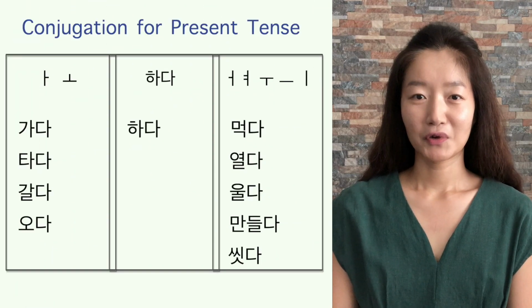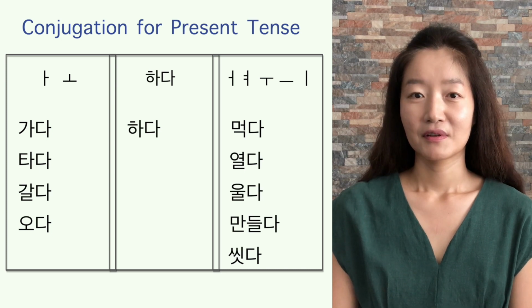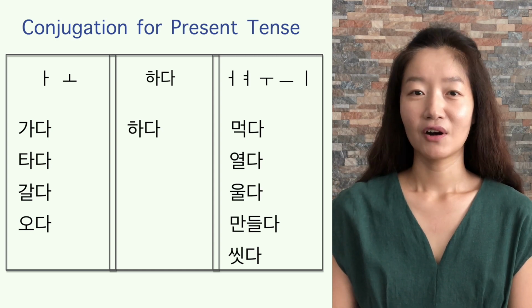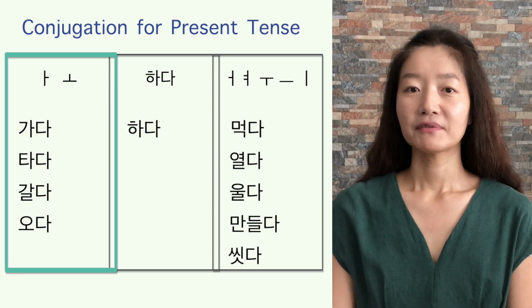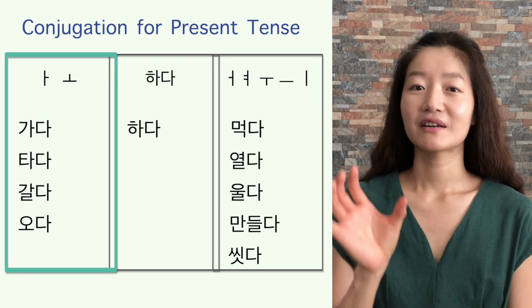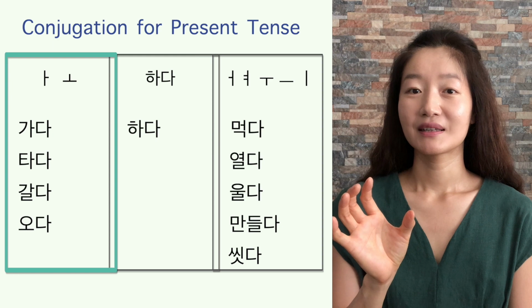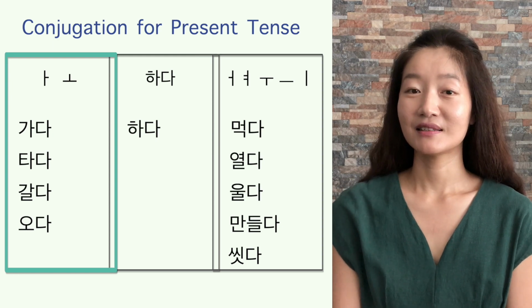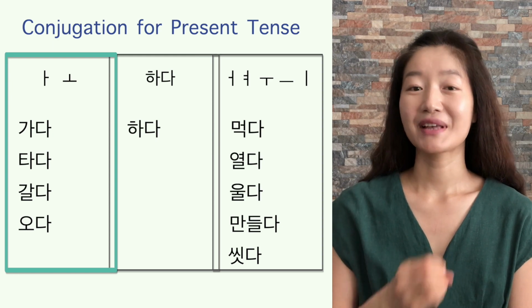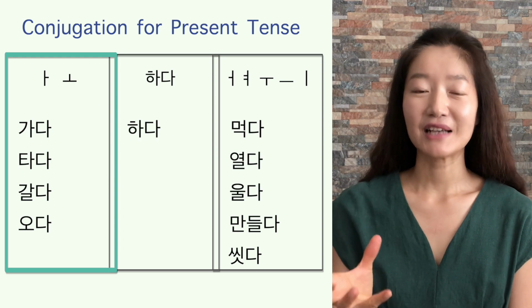I sorted verbs into three groups. The first group with 아, 오, the second 하다, the third 여, 우, 으, 이. After removing 다, if the last letter has 아, 오 and doesn't have a final consonant, you can use the expression as it is as a casual expression.